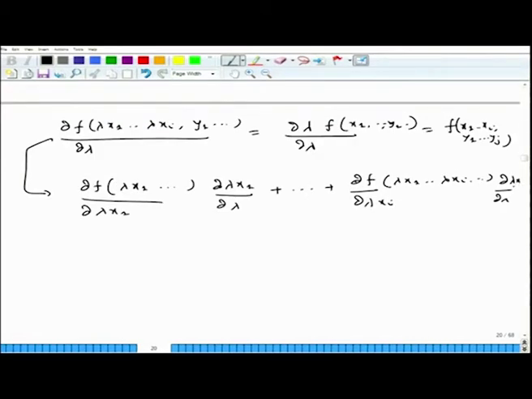So this is nothing but xi, and this turns out to be nothing but x1. Similarly, that one is for xi.